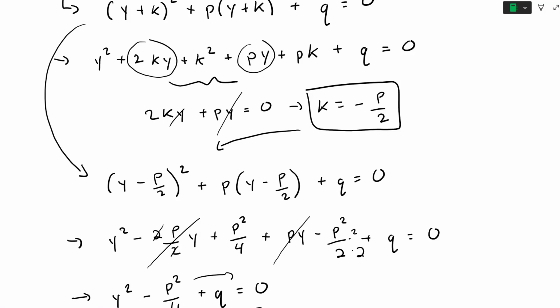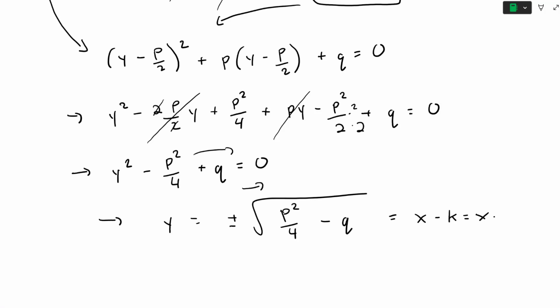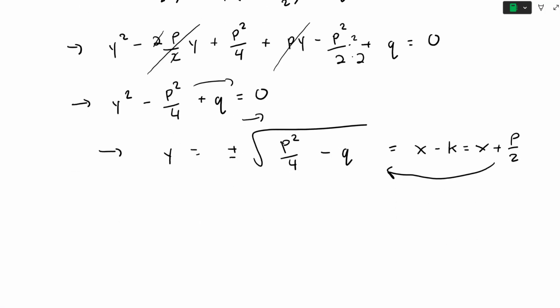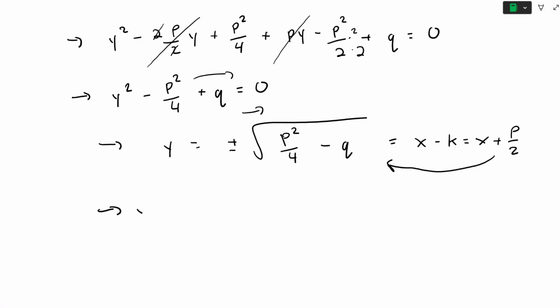Now we shift this over to the other side and solve for x. So x equals negative p over 2 plus or minus the square root of p squared over 4 minus q.